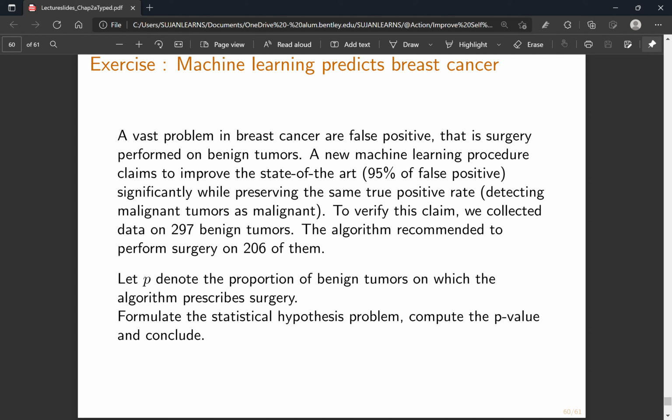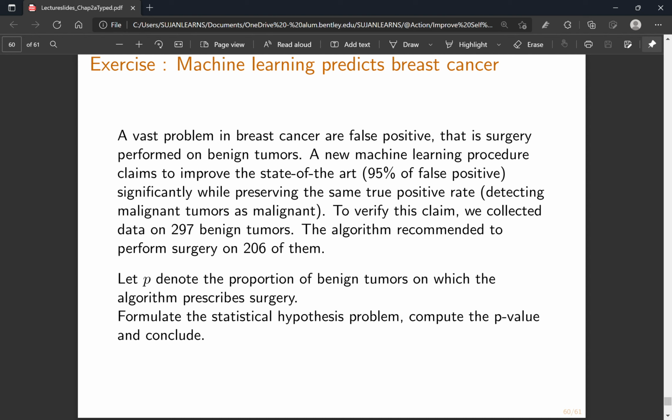Currently in the market, the test that is performed to see whether a tumor is cancer is state of the art, and it has a false positive rate of 95%. So when people see a cancerous signal from the test, they don't take any chances.